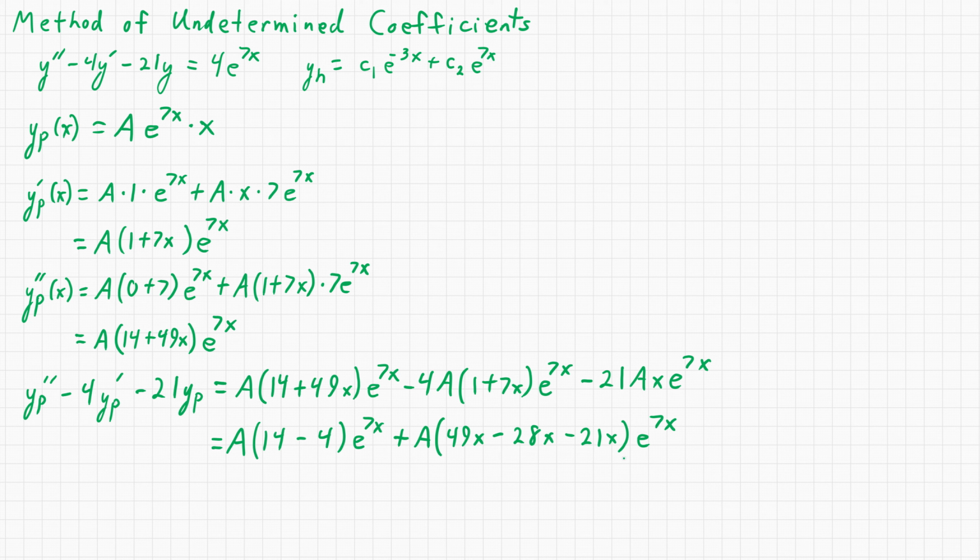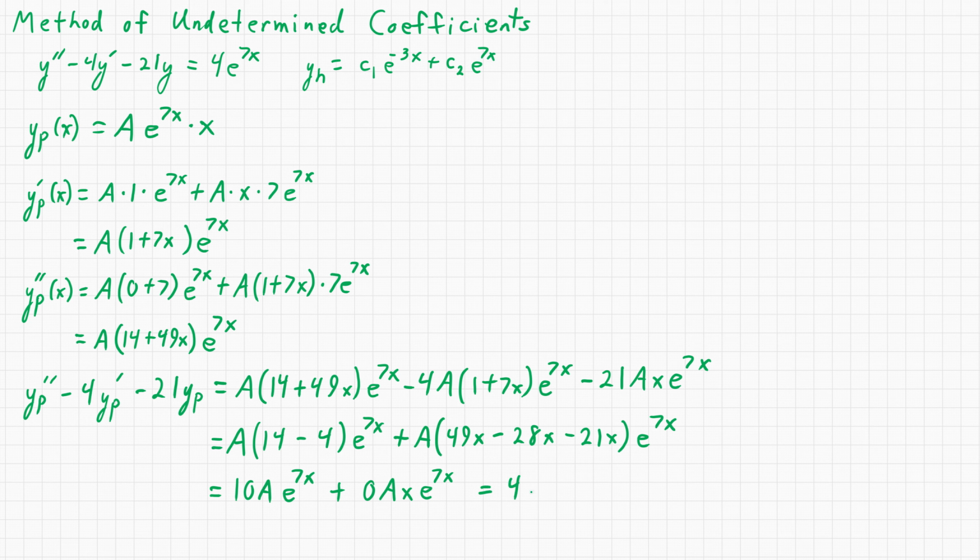It's all going to cancel out. That's actually kind of why this works. So 49 minus 28 minus 21, well, that's 0. So we end up with 14 minus 4, that's 10a e to the 7x plus 0ax e to the 7x, which is also a really good thing because we don't have any x e to the 7x terms on the right-hand side to solve for.